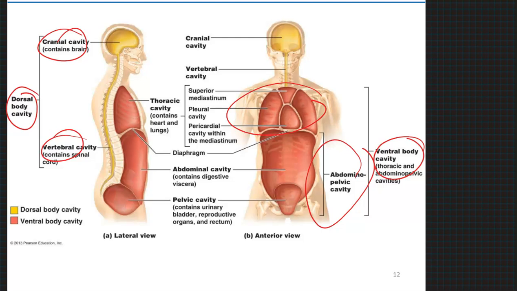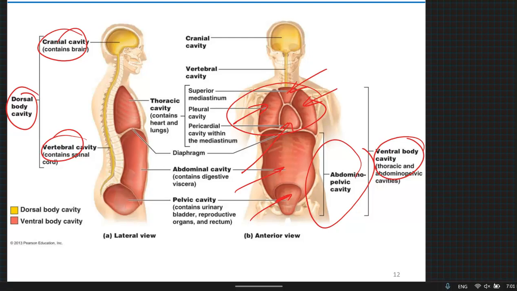Then thoracic is divided into mediastinum, two pleurae, and pericardium. And abdominopelvic is divided into abdominal and pelvic. Does that make sense to you all? So I will 100% show you this image, and you will need to identify the cavity.